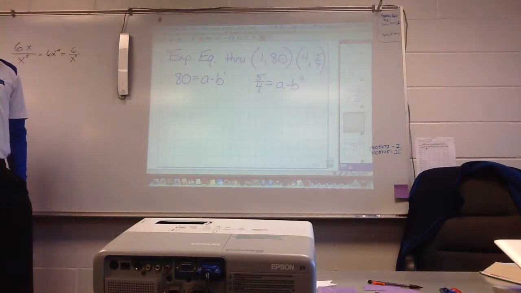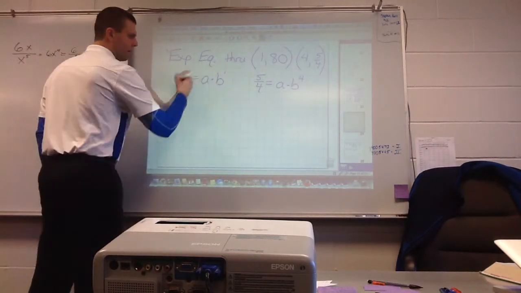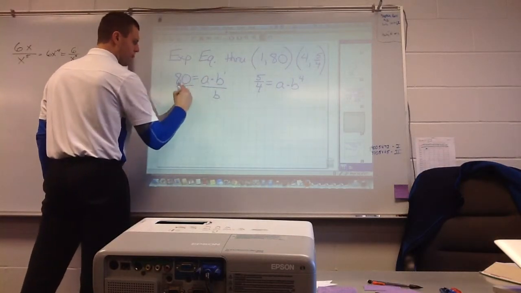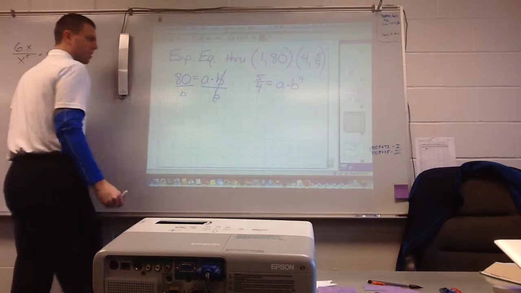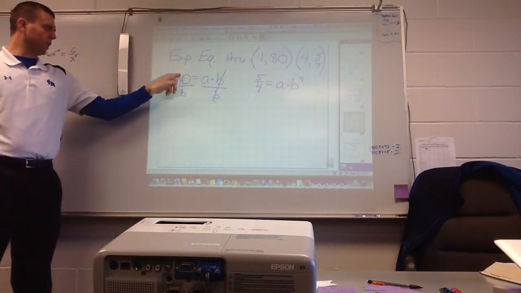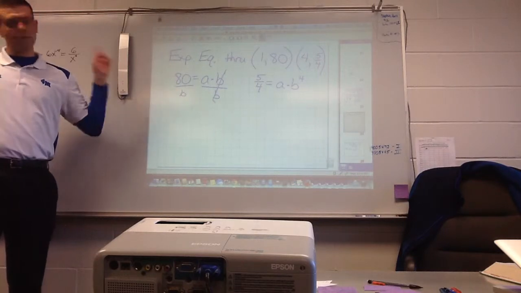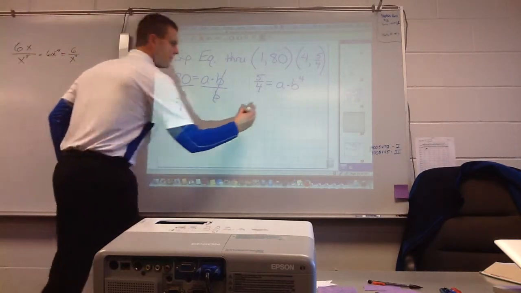I'll solve for the a. Okay, well, how do I get a by itself here? Divide by b. So a equals 80 over b. Then what are you going to do with 80 over b? Substitute. Substitute it in over here.